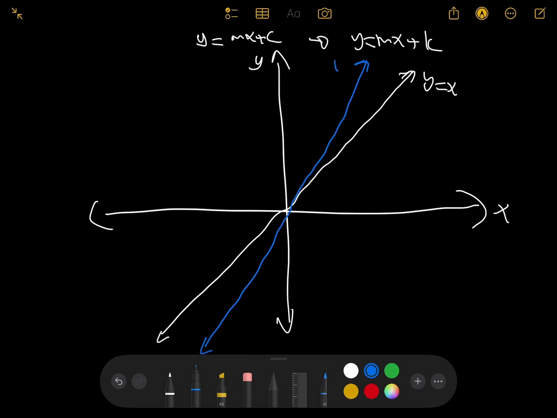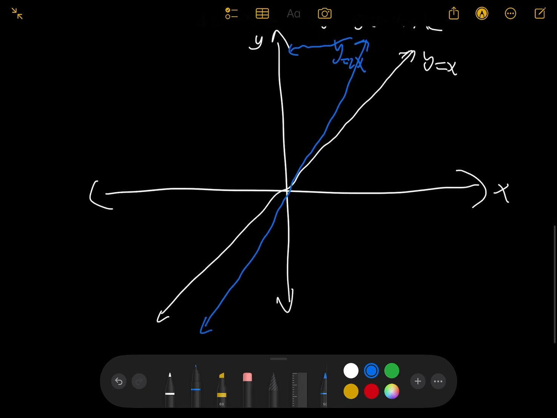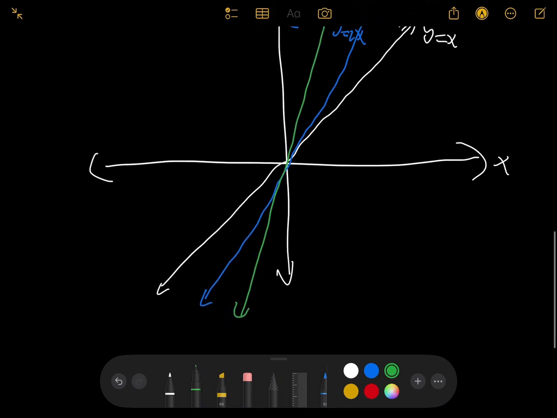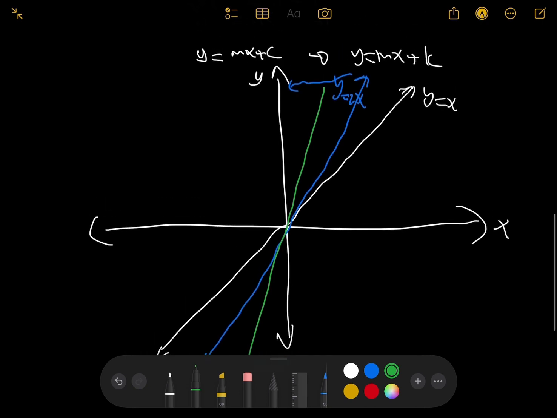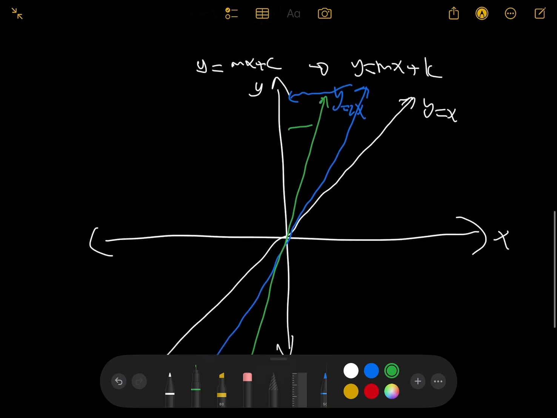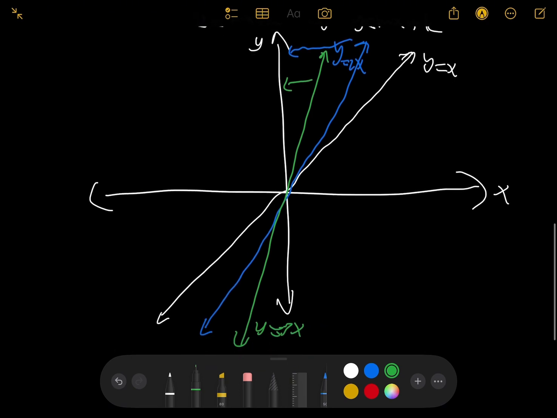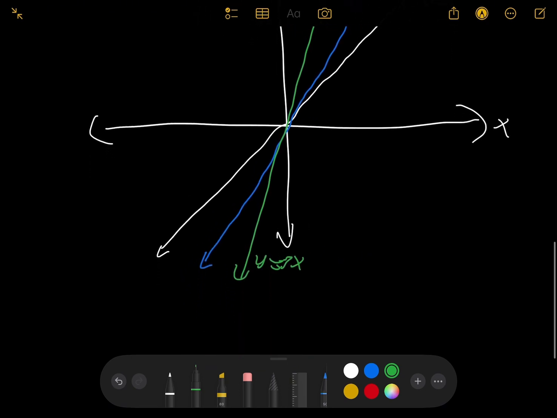So this here will be y equals 2x, you see that it's gotten closer to the y-axis. Then the graph of y equals 3x will be even closer to the y-axis, and for y equals 3x, if x is equal to 1, y will be equal to 3.